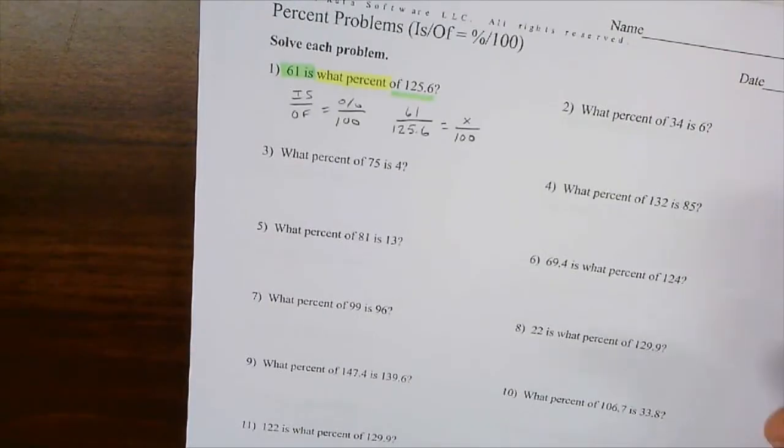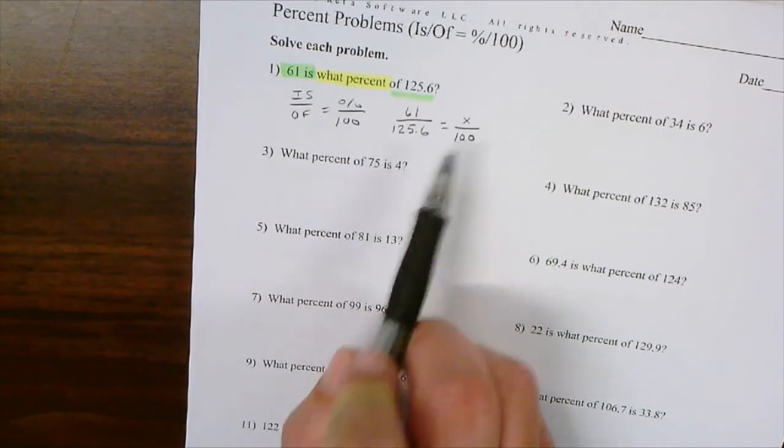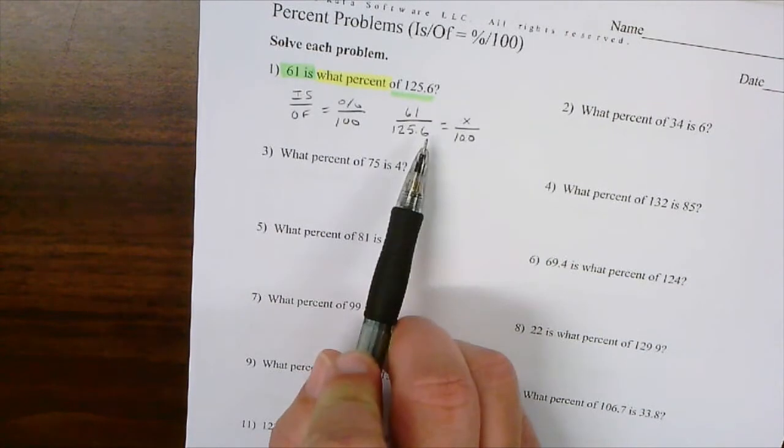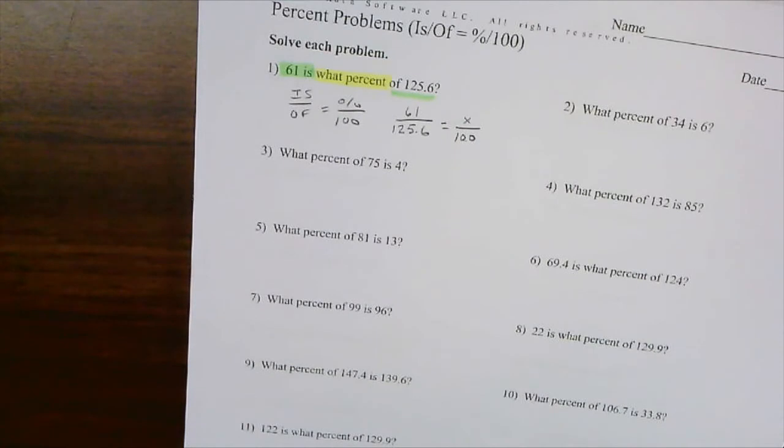It's a little blurry. So this is the one we did, remember: 61 times 100, and then you divide it by this number here. So you would do 61 times 100, divided by 125.6.